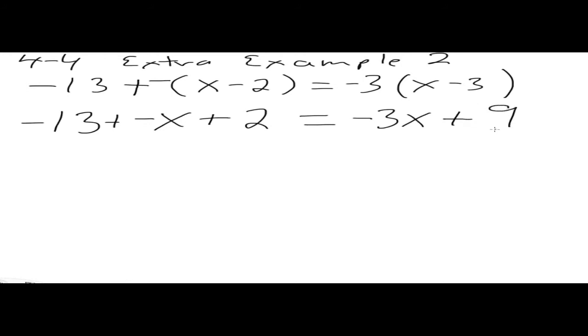Now I'm back to where I was earlier, where I need to pick a direction and move things around. So I'm going to add 3x to both sides of the equation.